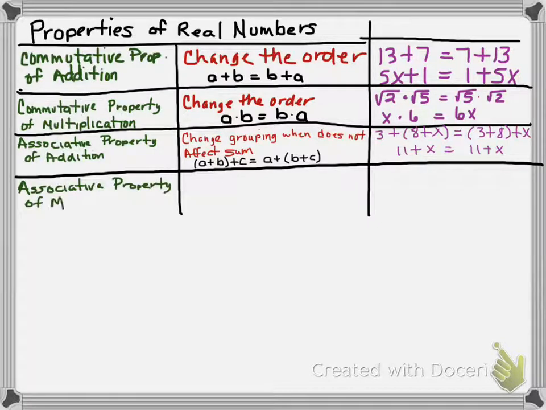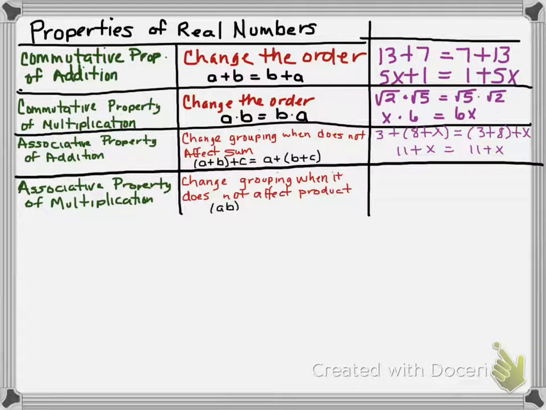So now the associative property of multiplication. In this one, we'll change the grouping when it does not affect the product. And the formula of this one is if you have a times b and then times c, it's the same thing as having a times b and c.